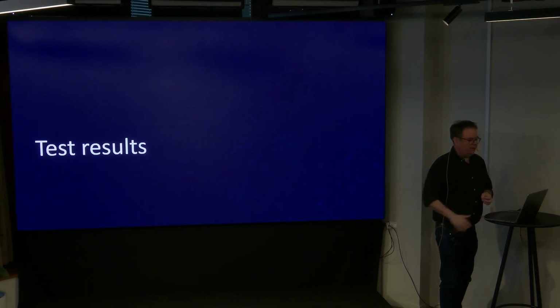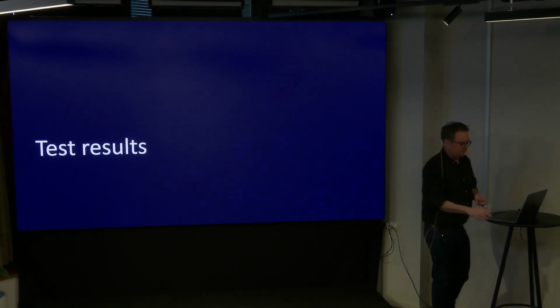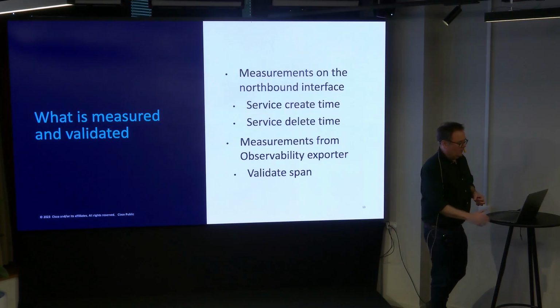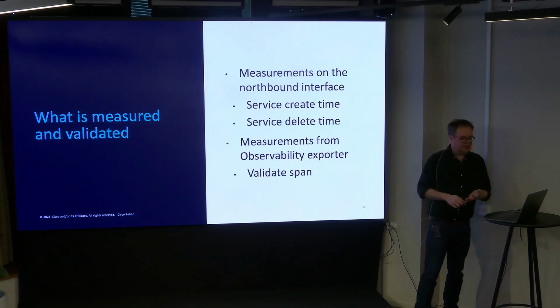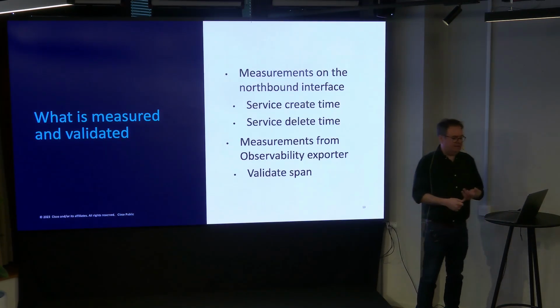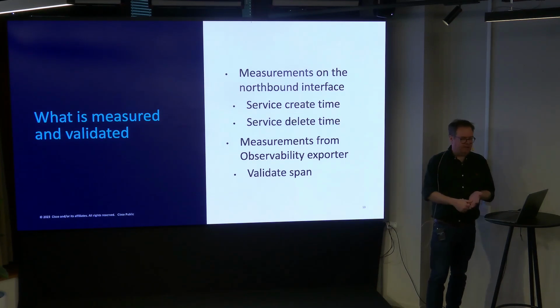So, looking at the test results, what can be measured and validated? First of all, we have the measurement on the northbound interface, and I think those are the easiest.